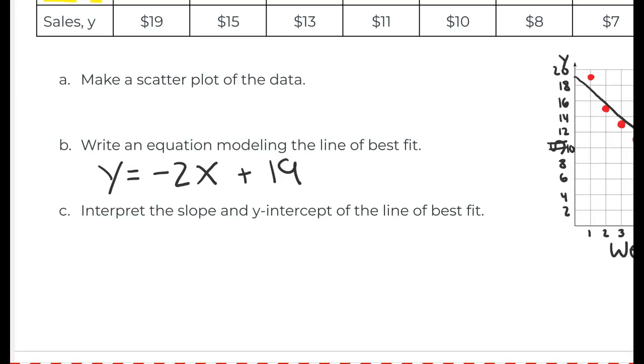And that's what it means by interpreting what your slope and your y-intercept of the line of best fit is. So we could say -2 means sales are decreasing, or going down, $2 every week, or $2 per week.